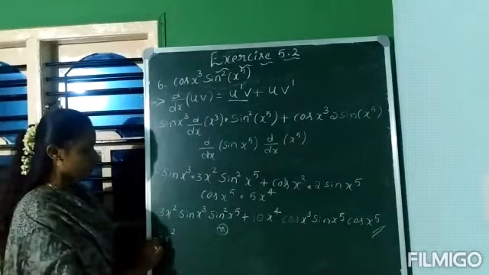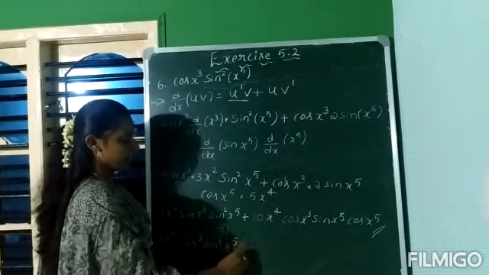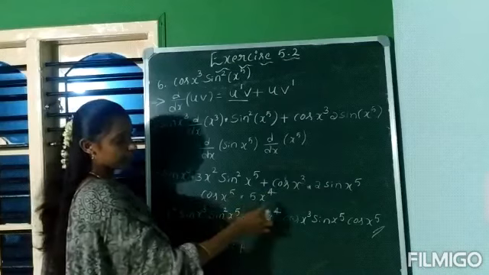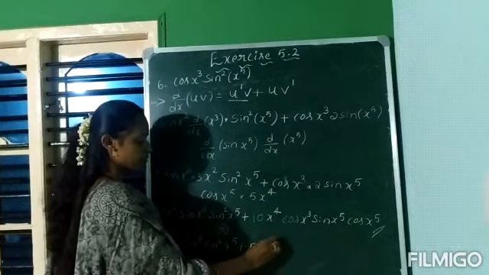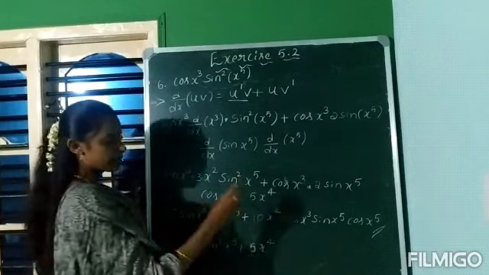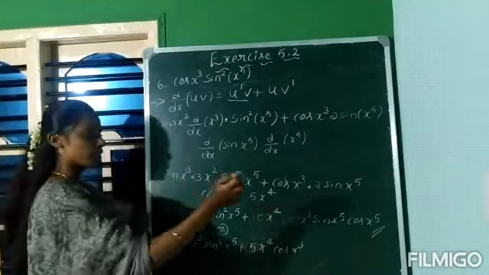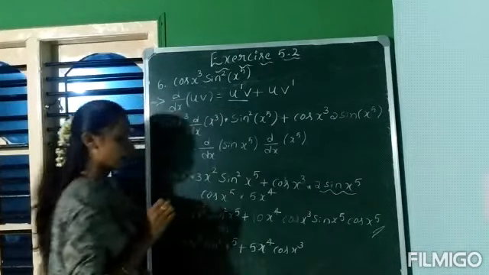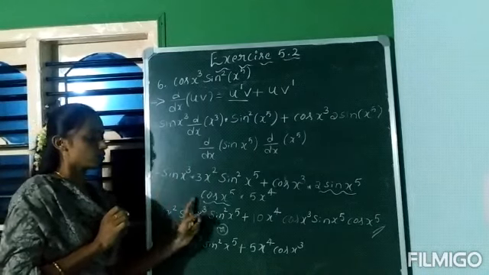So minus 3x square sine x cube sine square x power 5 plus, I just write only a 5 because I make use of this 2. So 5 x power 4 and the remaining is cos x cube, this one and this one, 2 sine x power 5 into cos x power 5.